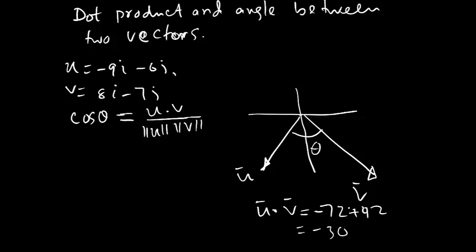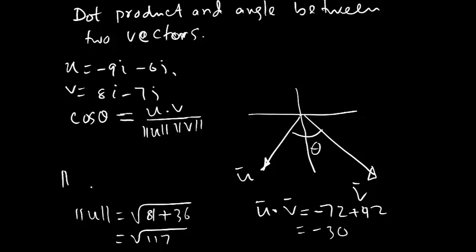And then the magnitude of u is the square root of negative 9 squared plus negative 6 squared, which is 36. And the same way you can find your v vector magnitude, which will be the square root of 8 squared is 64 plus negative 7 squared will be 49. So you get 113.